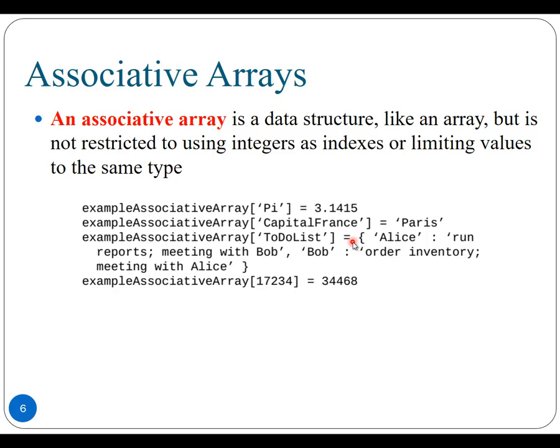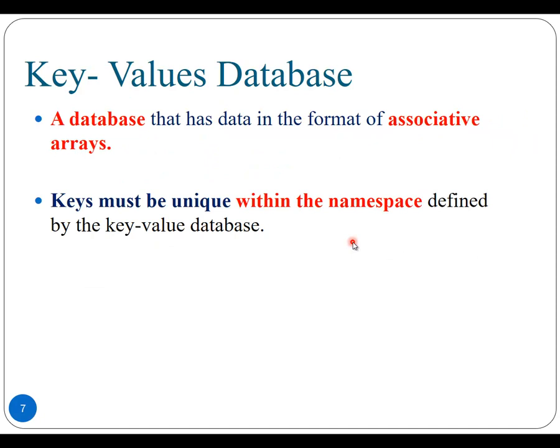Okay. Now, the key value database, the key value is a data structure like the associative array. So key value database is a database in which the data is in the format of associative arrays.